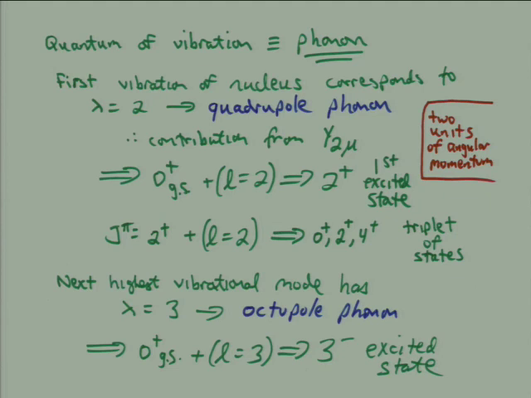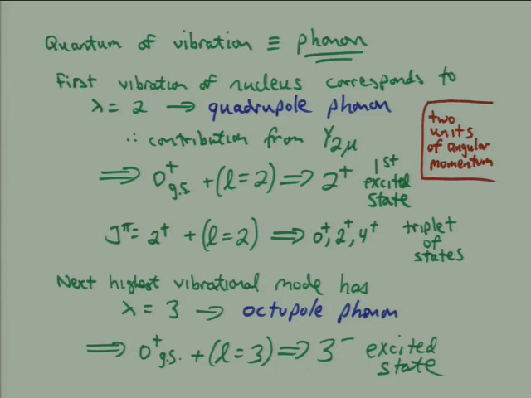So I'm adding to a ground state spin and parity, which I know is 0 plus, an angular momentum and parity, and 0 plus plus anything is that anything. So if I add a 2 plus state to it, that predicts the first excited state is going to be a 2 plus state. That would explain why at least some of these nuclei have 2 plus excited states, because I've added one vibrational quantum to the ground state.